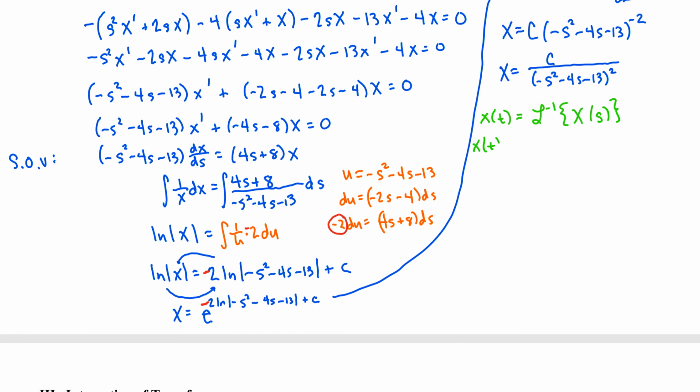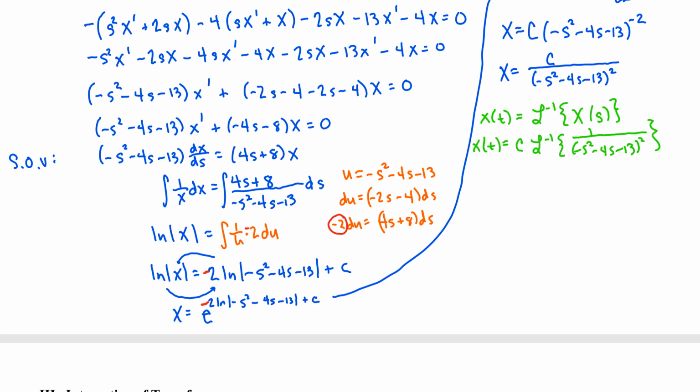So to solve for x of t, we need to find, let's go with c times the inverse Laplace transform of 1 over negative s squared minus 4s minus 13 squared. So our problem now has been reduced to finding the inverse Laplace transform of this function.